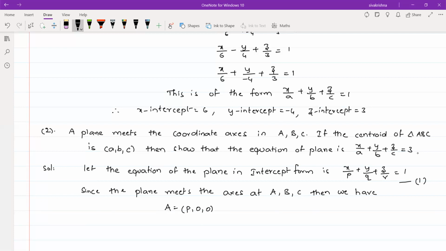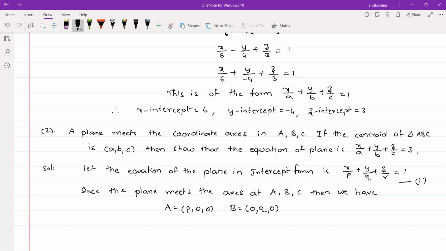In our definition we wrote that capital A is (a, 0, 0), but here I am writing A is (p, 0, 0); you can write any point in place of A. Okay, right. Coming to B: since the plane cuts the y-axis at B, we have to write B as (0, q, 0).